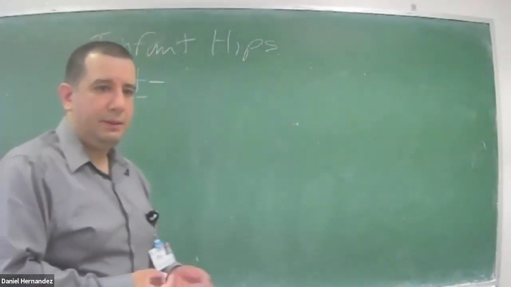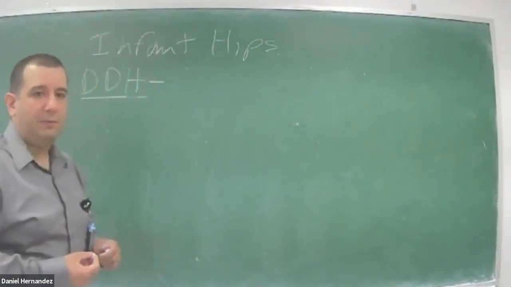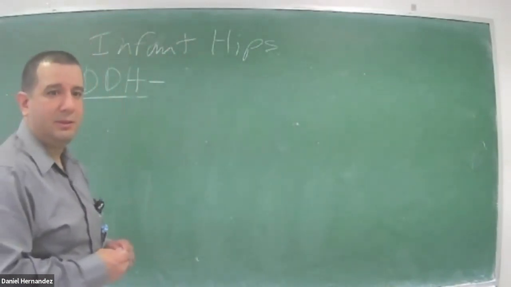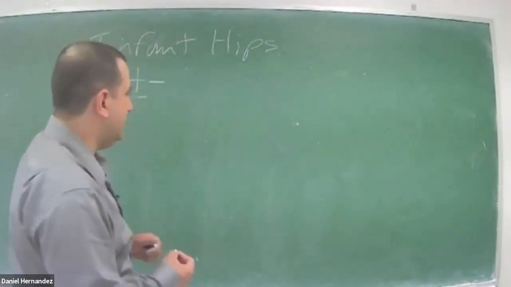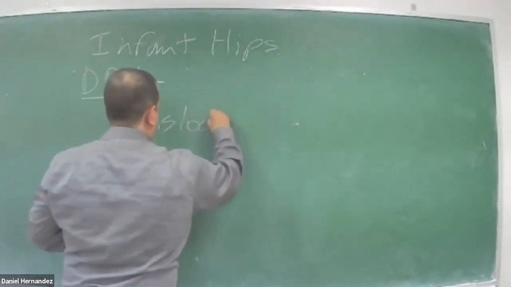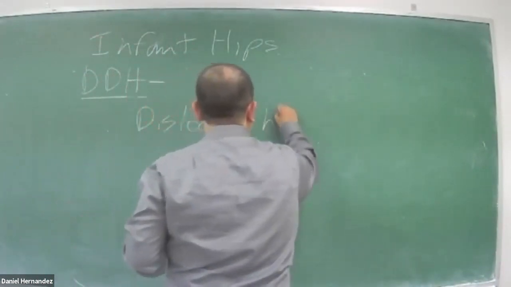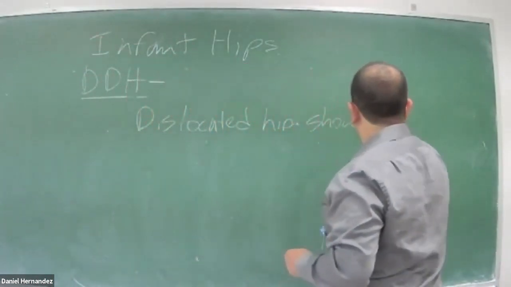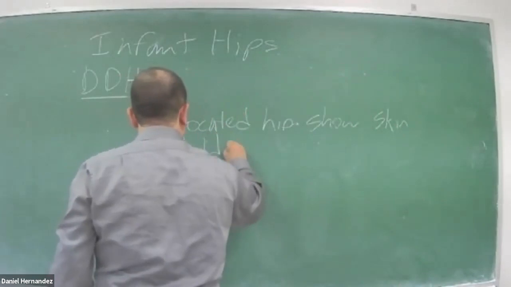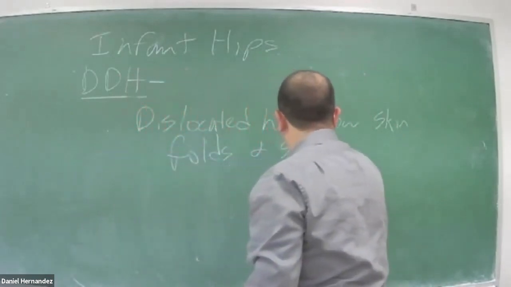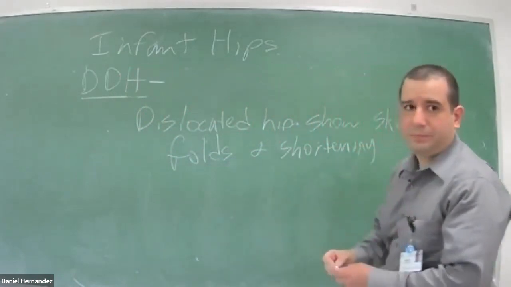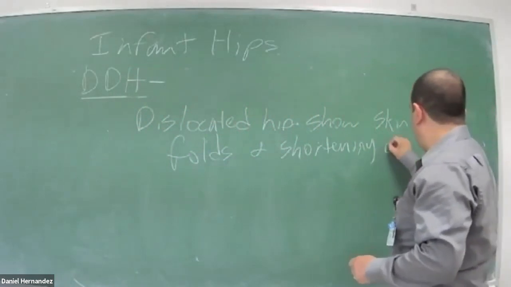So, the clinical examination. Upon visualization, the dislocated hip shows asymmetric skin folds and shortening of the affected thigh.